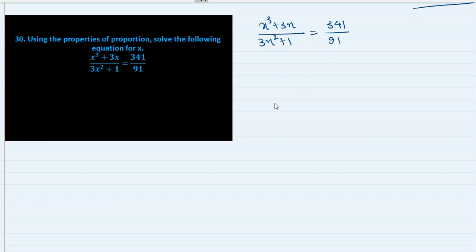The one property which comes to my mind first is componendo dividendo. As I told you, that's the only property which is used most frequently. So let us apply componendo dividendo.